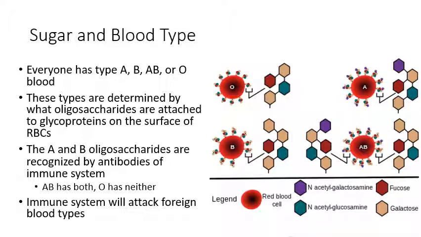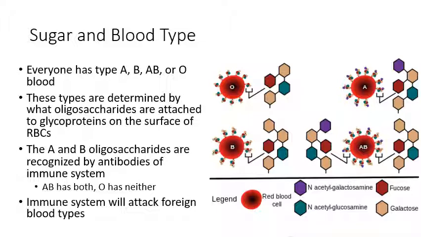So the immune system is able to recognize the A oligosaccharide and the B oligosaccharide. It can't recognize the O oligosaccharide because its structure is just a little bit too simple for the immune system to specifically recognize it. But if you have type B blood, then your immune system is going to learn that the B oligosaccharide belongs to you.